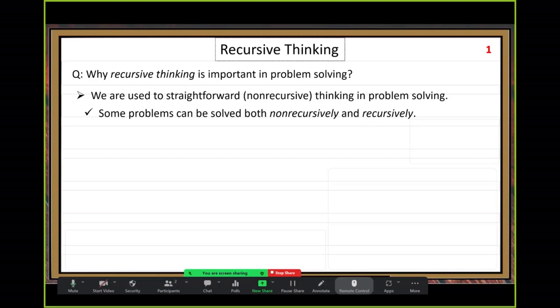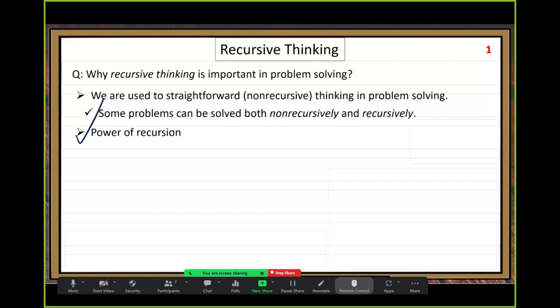Some problems can be solved in both ways. First, the non-recursive way, second, the recursive way. Here I'd like to compare a little bit. Each one has its advantages and disadvantages. But the most important reason we want to use recursive algorithms is this one: the power of recursion.